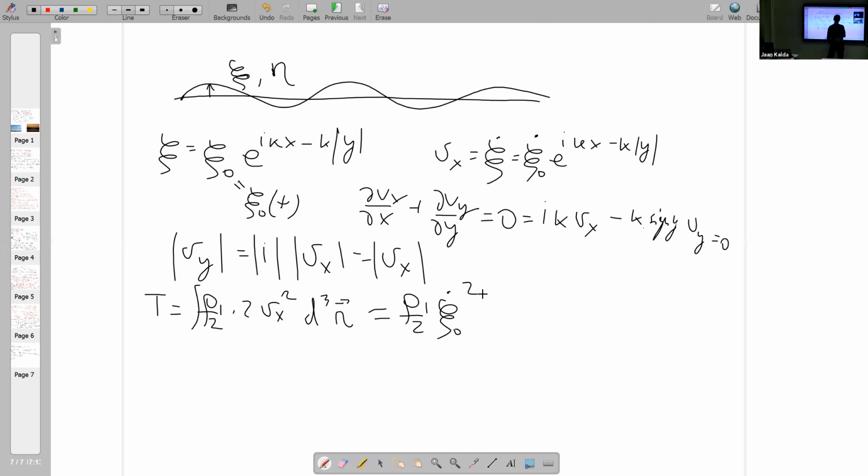Actually now I need to keep in mind that Vx is a real valued thing, so it's the real part of this exponential thing. So this becomes equal to the integral of e to the minus ky from 0 to infinity along y direction dy, multiplied by the integral over the total volume we have at hand of cosine squared kx dx dz.